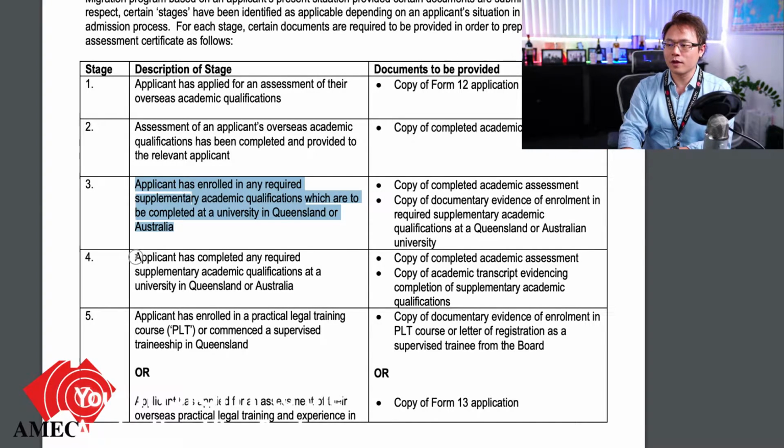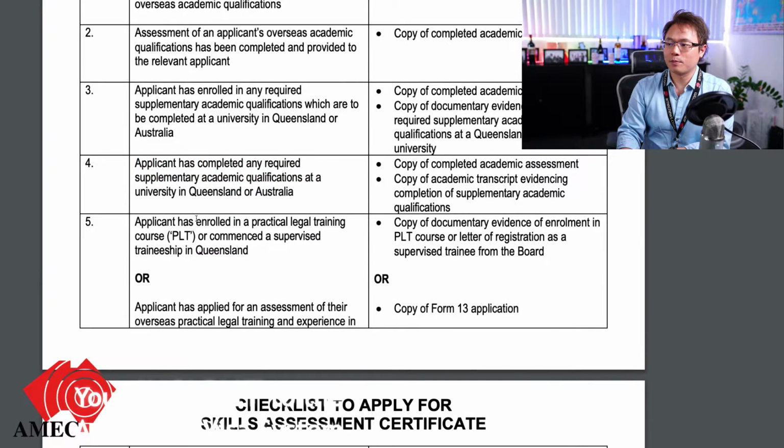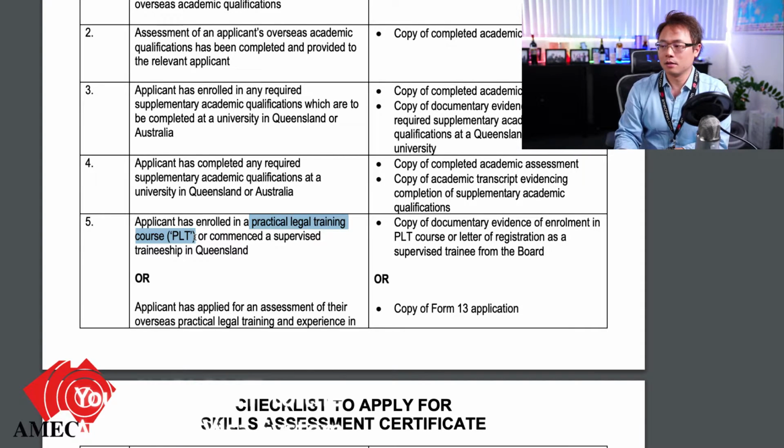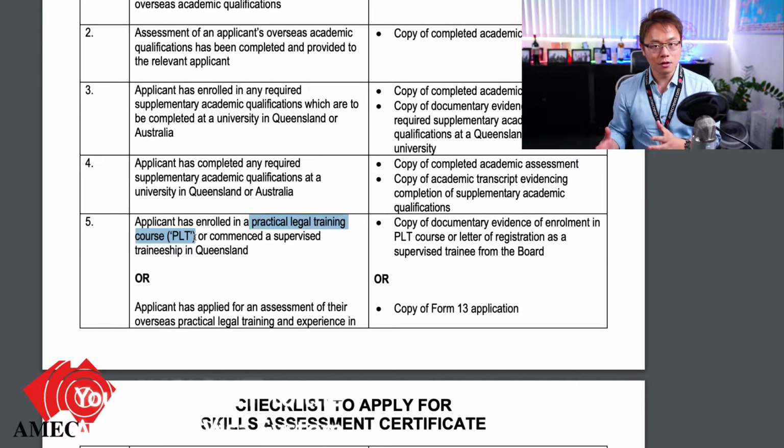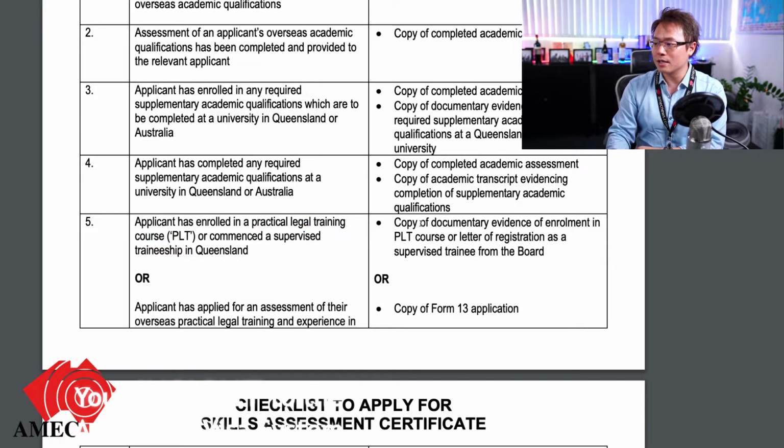Okay, so once the qualification is done, they will assess whether you have completed the practical legal training, PLT. Now, practical legal training can be done overseas or in Australia, and there are courses that you can enroll in as well.